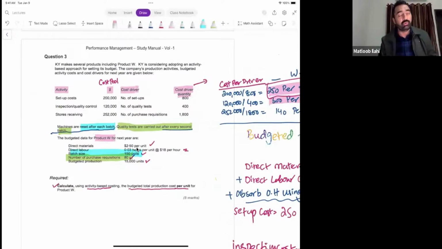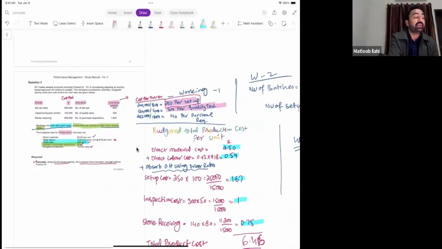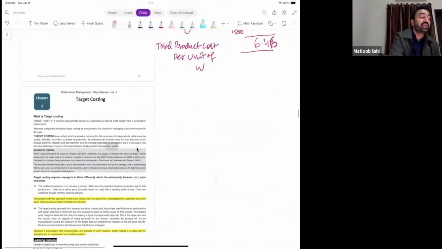Of course, in our next class, we will be doing these calculations in Excel. So you should start preparing an exam mindset from the very beginning. So that's all about ABC and how it is applied.